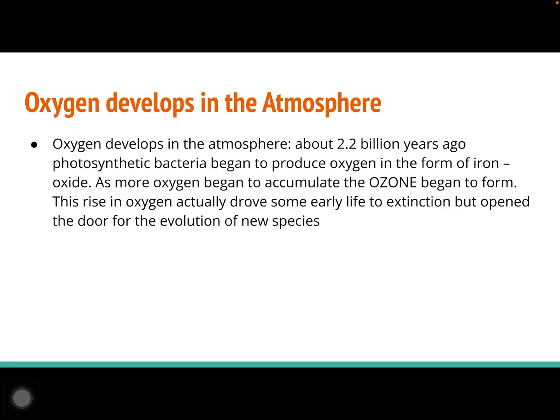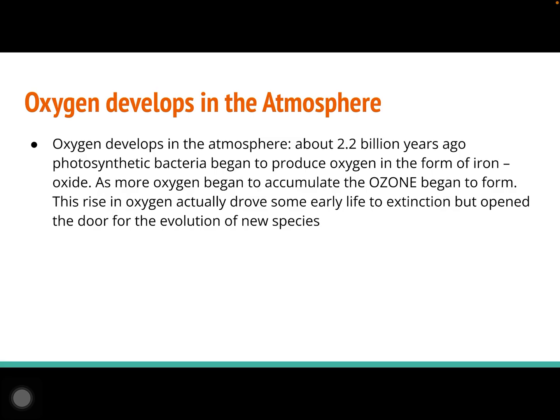So again, if you think about it, at the very beginning of the Earth, that atmosphere had very little oxygen actually in it, and those organisms survived without oxygen. So once there was more oxygen around, it led to that early life's extinction, but it allowed for other organisms to evolve and be able to use oxygen and become aerobic, unlike the anaerobic organisms before them.